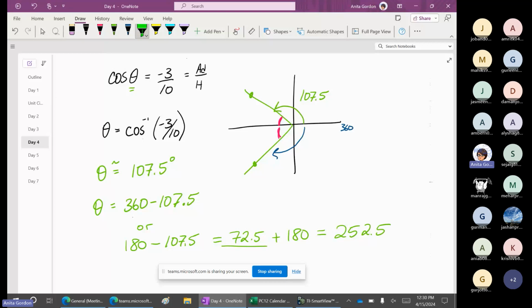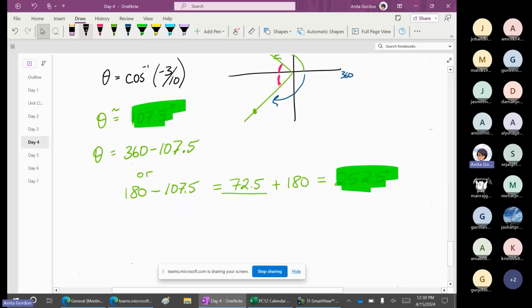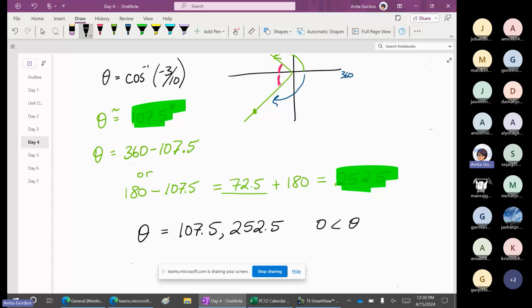Okay, so solution 1, solution 2. My final answer is theta equals 107.5, or 252.5, and this is between 0 and 360 degrees.